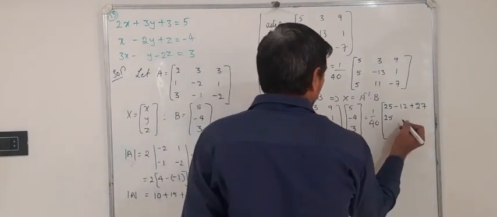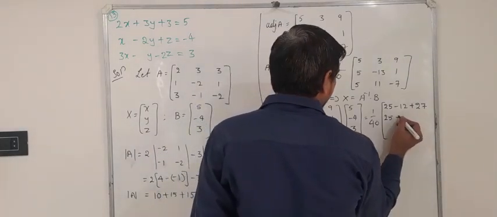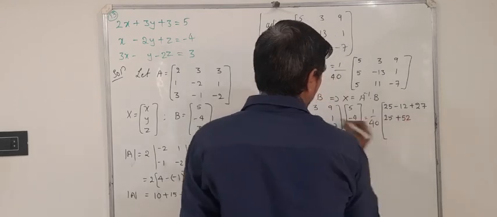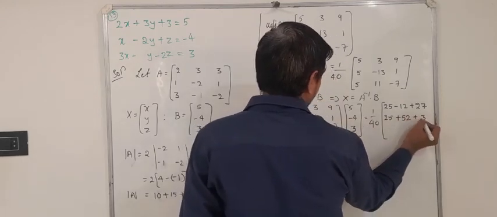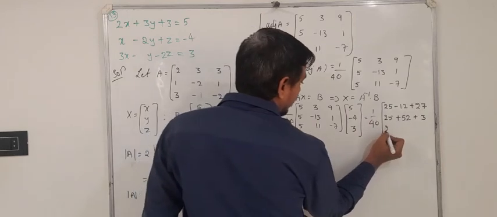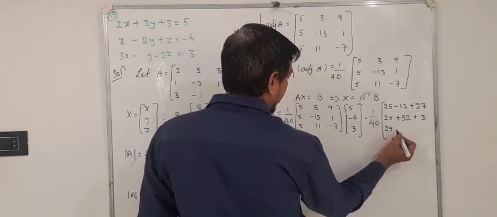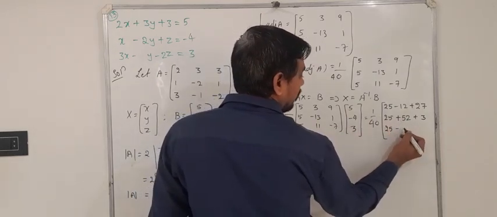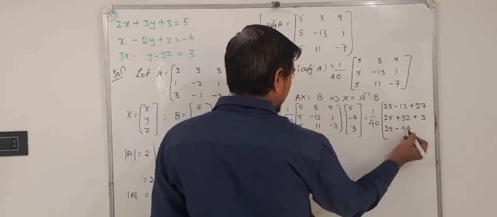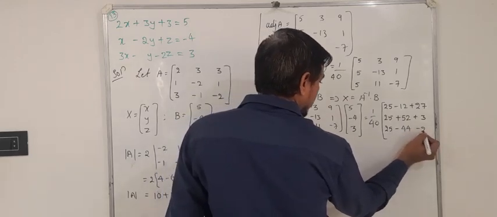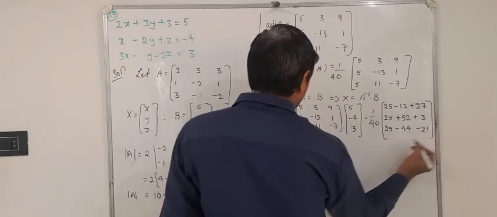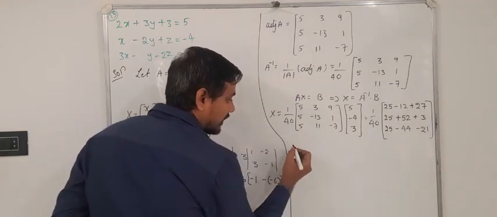So minus 13 into minus 4, you will get plus 52. 1 into 3 plus 3, right? 5 into 5, 25, right? So 11 into minus 4, minus 44, then minus 7 into 3, minus 21, right? So this is X, Y, Z.